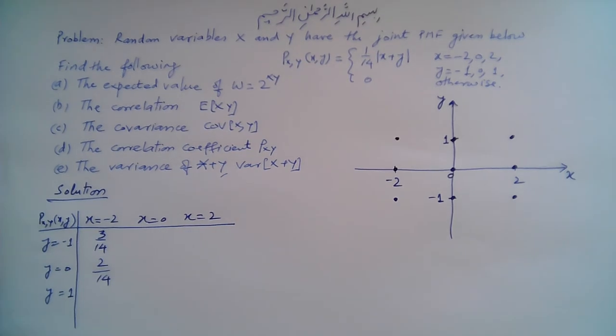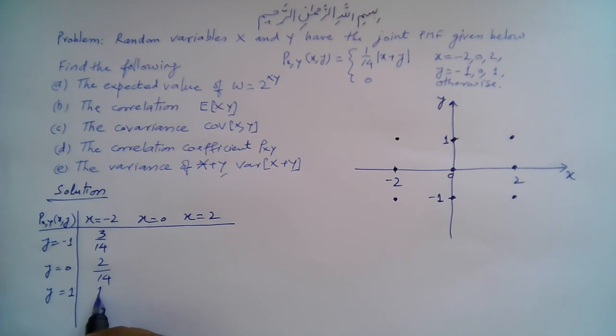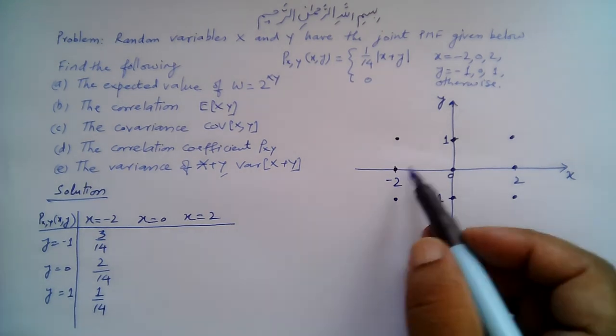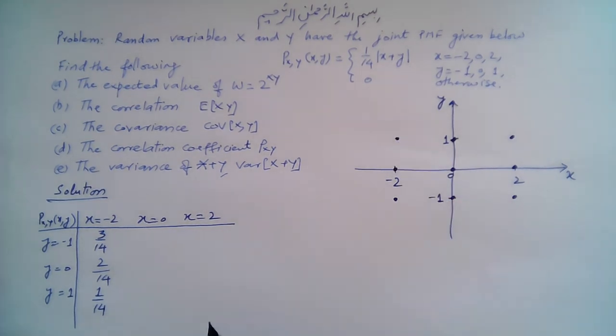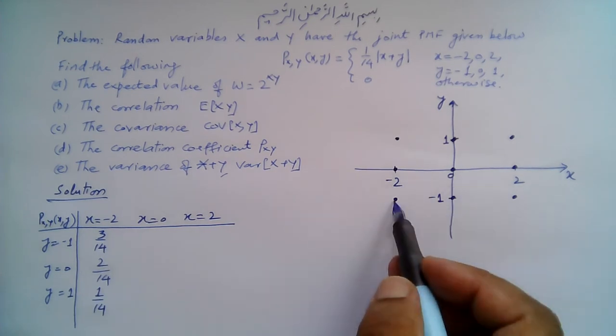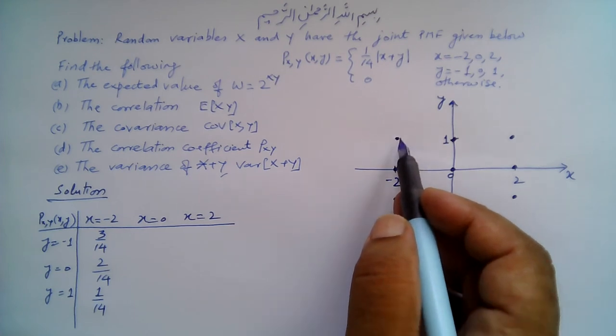Then -2 plus 1 is -1, so 1 over 14 at this point. So 3 over 14, 2 over 14, and 1 over 14 here.